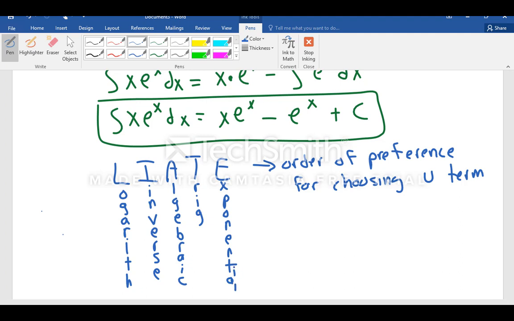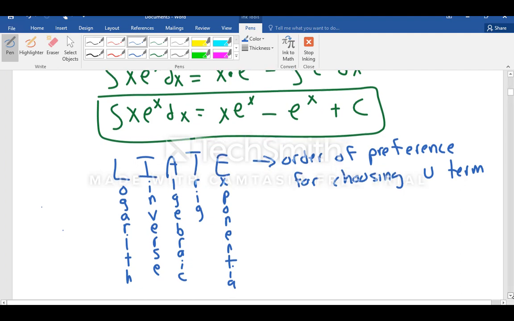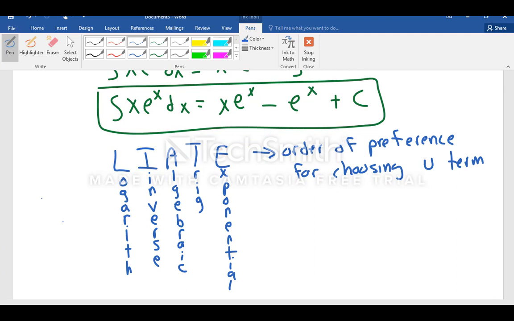In our example, we had a polynomial times an exponential. So we have an algebraic times an exponential, and if we move down our order of preference, we can see algebraic comes before exponential. That is why I chose u to be the x term. So let's do a couple more examples where we will see that in action.